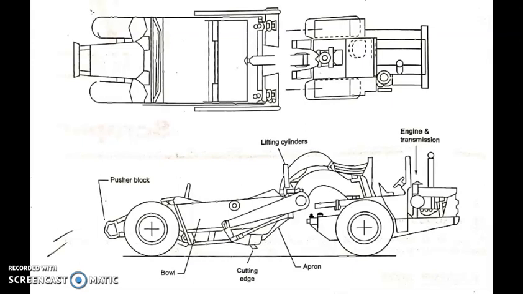Scrapers can be pulled either by crawler tractor or rubber tired self-propelled tractor. Crawler tractors were the earliest and are still in wide use. They exhibit their usual tremendous tractive effort which is made available for loading and great climbing ability, but they are not well suited for haulage with a maximum speed of only 8 to 10 km per hour.